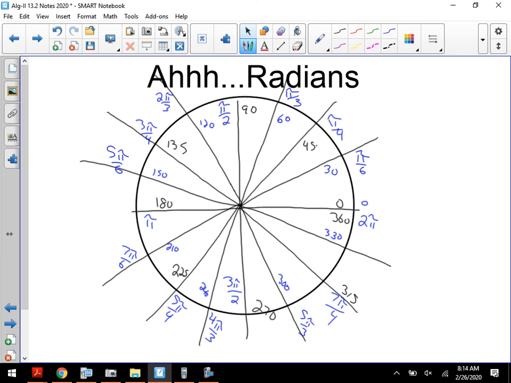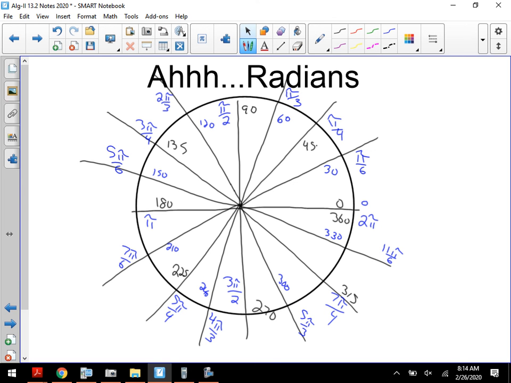And the last one would be 11 sixths, because if I add 30 degrees to 330, I'm at 360, which would make this 12 pi over 6, which is 2 pi.